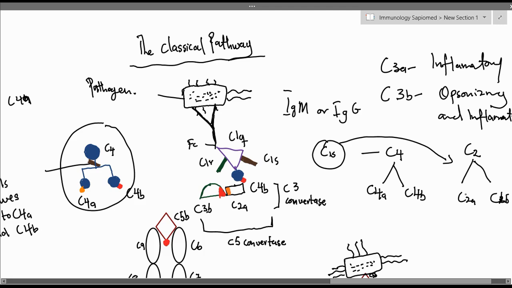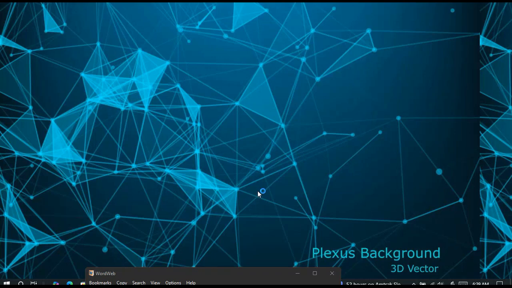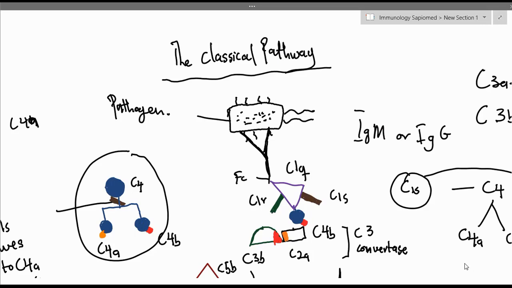Okay. Now, in the case of C2, this is what happened. The C2A is the one that is going to bind to the what? To the C4B.